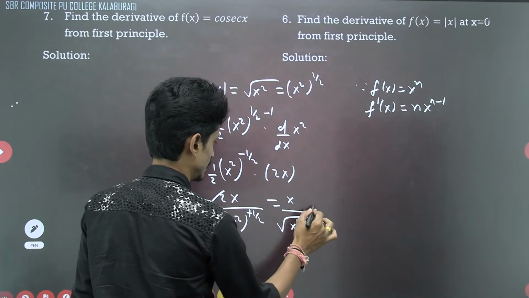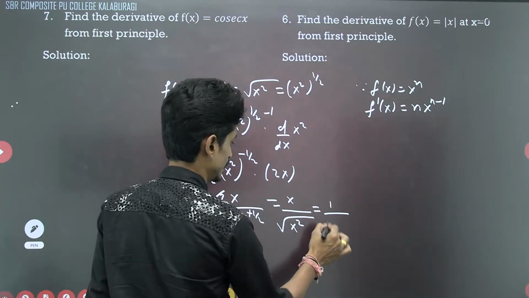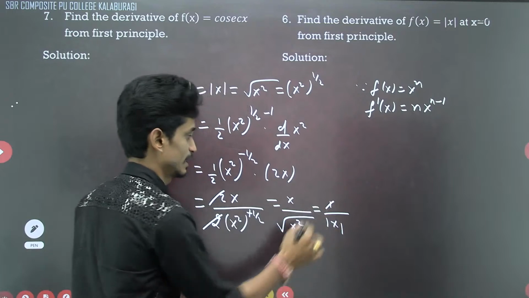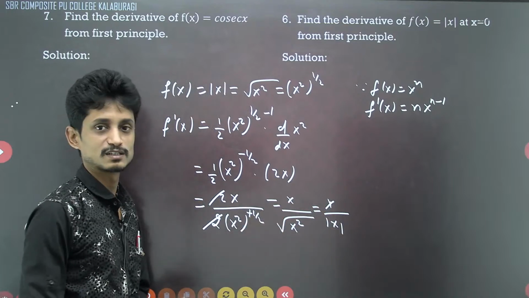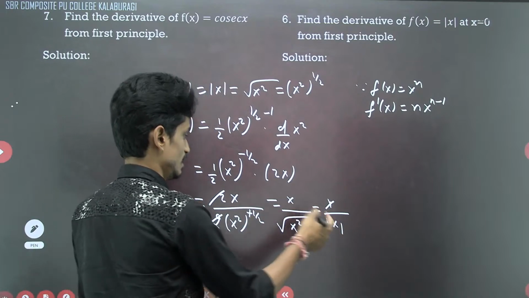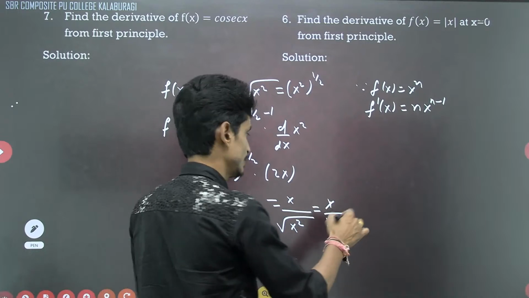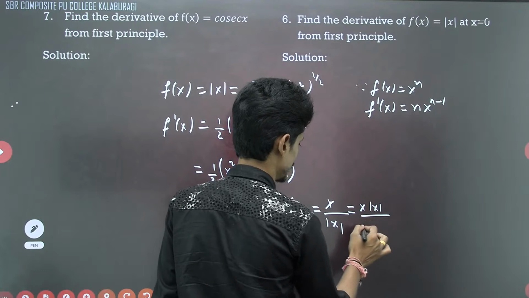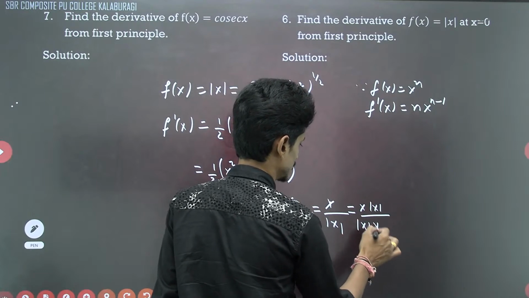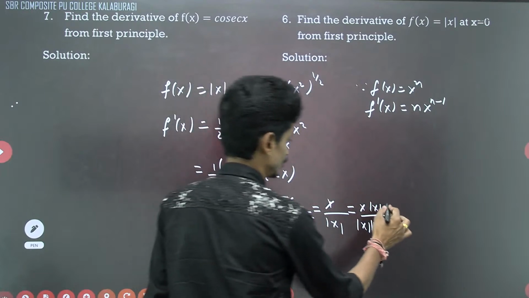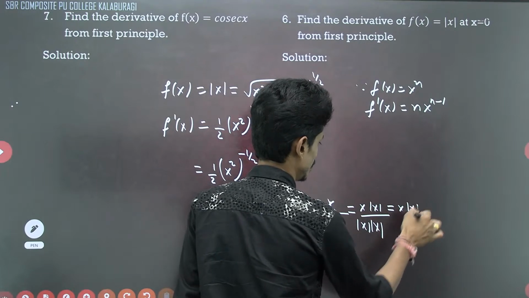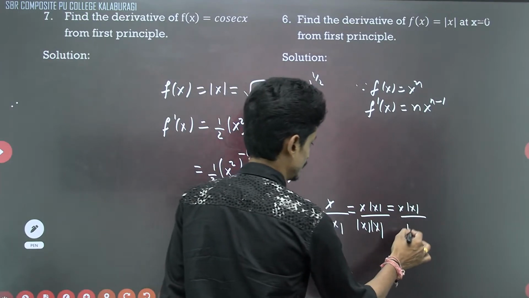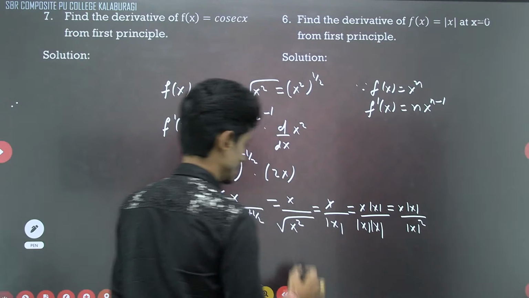Root of x square. It is nothing but 1 divided by mod x, so x divided by modulus x. This x by modulus x we can also write like x into modulus x divided by modulus x into modulus x. This is x into modulus x divided by mod x whole square.